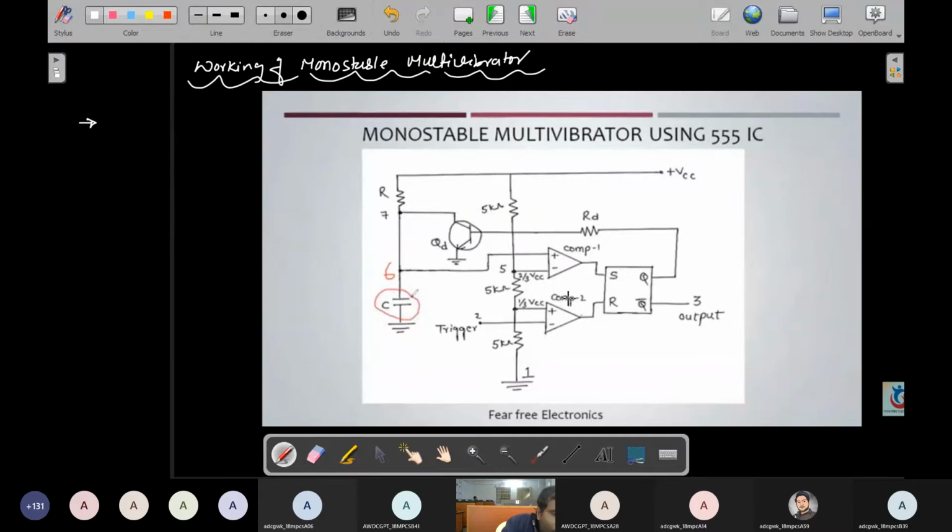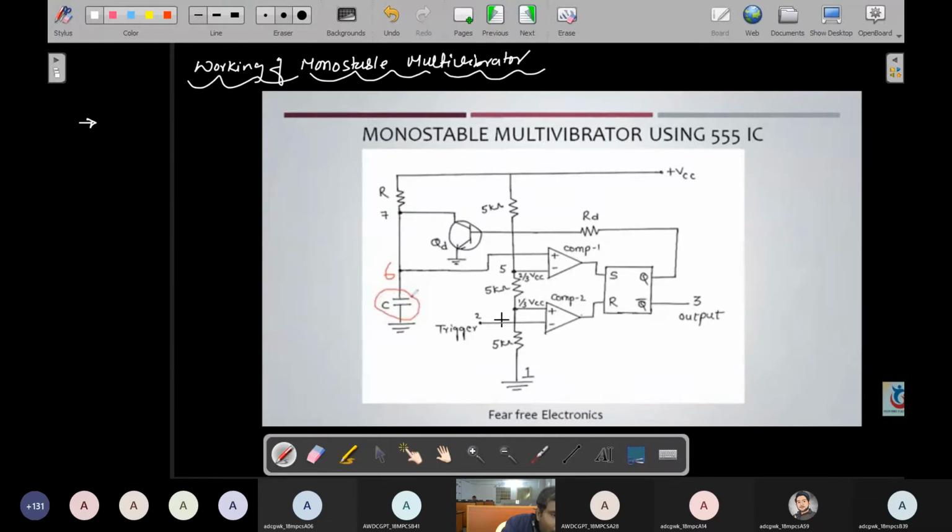Now comparator 2. In comparator 2, the non-inverting terminal, the positive terminal, is connected to 1/3 VCC, that is called the fixed voltage, because that fixed voltage comes from this potential divider. The negative terminal of comparator 2 is an inverting terminal.